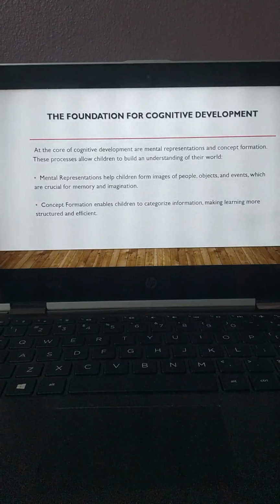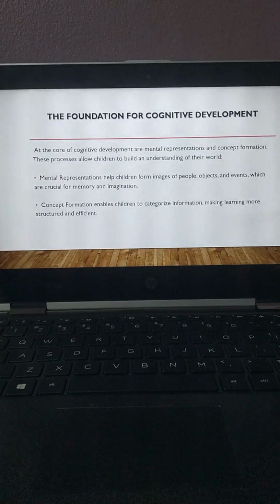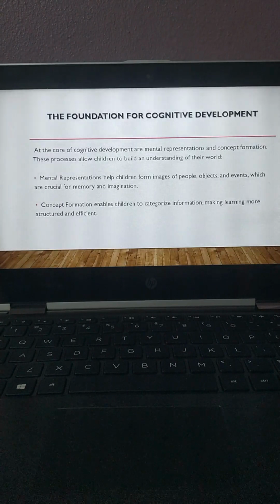Concept formation enables children to categorize information, making learning more structured and efficient. We said concept formation is about putting things that are similar together. So when a teacher is teaching pupils about, let's say, fruits, this song we usually sing, pawpaw is a type of fruit, and the teacher also tells them that mango is also a type of fruit.